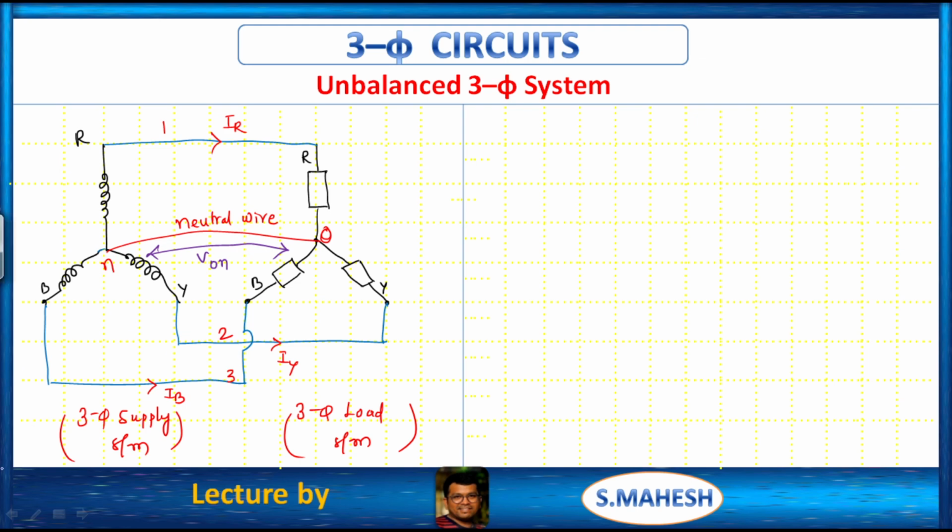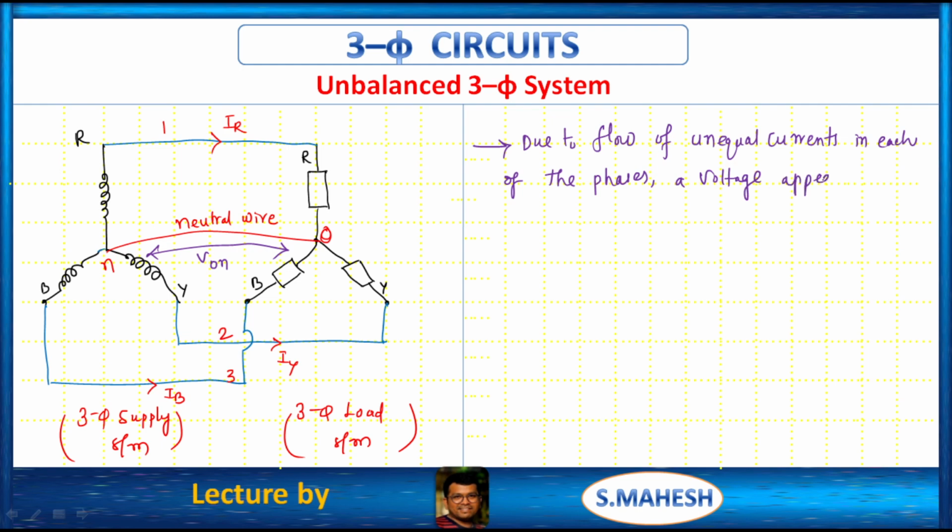Now we have to write one point. Due to flow of unequal currents in each of the phases, a voltage appears at neutral, and its value can be determined as follows.